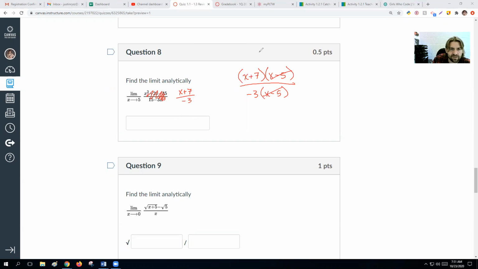Okay, so that is going to be something we use our direct substitution for. Plug in our 5 for x. What's 5 plus 7 over negative 3? What's 12 over negative 3? That'd be negative 4. And we could have double checked that on Desmos.